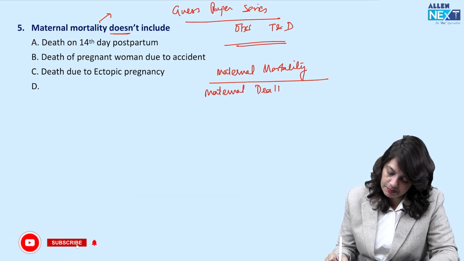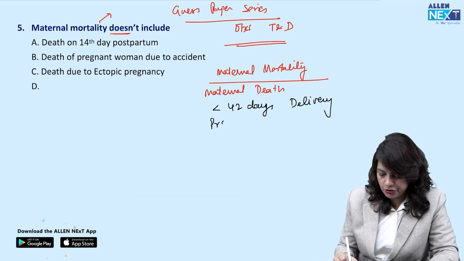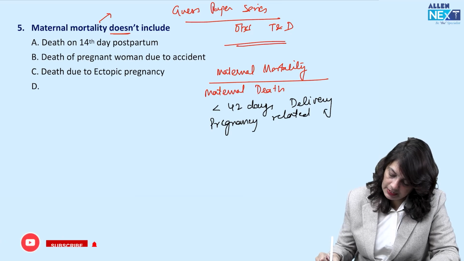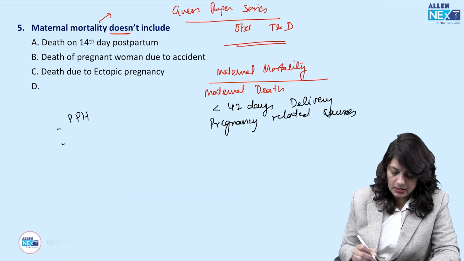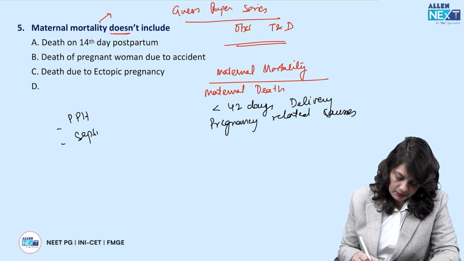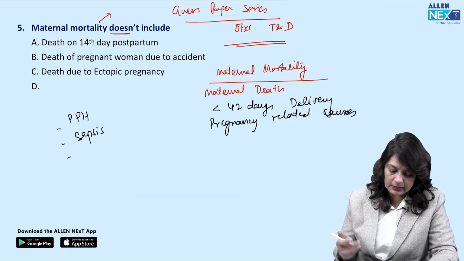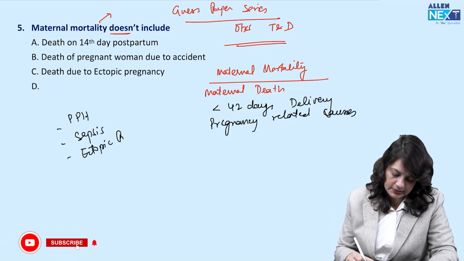Mortality always means maternal death occurring within 42 days of delivery. But mind it, that should be from pregnancy related causes, like postpartum hemorrhage, like sepsis as a result of pregnancy or delivery, like ectopic pregnancy, which is also a pregnancy outcome.